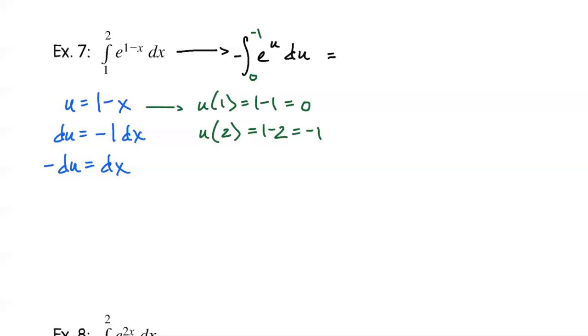Okay. And so if we use that idea here, I'm going to have a negative, negative, negative 1 to 0, e to the u du.